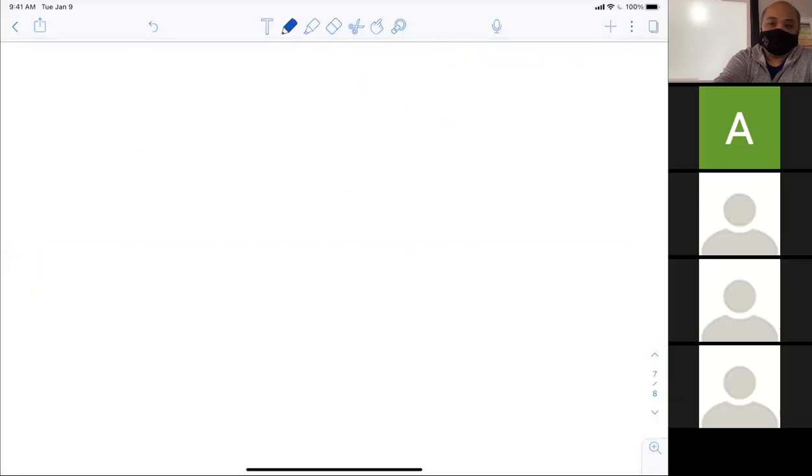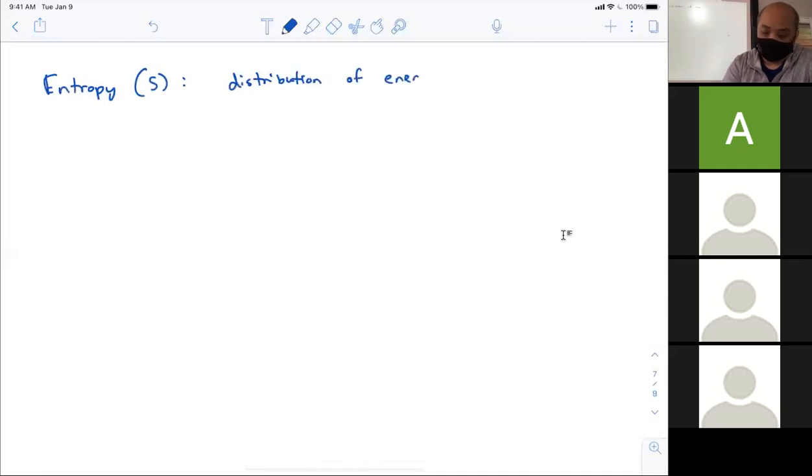Now let's transition to something, well, I wouldn't say completely different, but on to different titles here: entropy and Gibbs free energy. Entropy, symbolized by S, is the distribution of energy among particles.